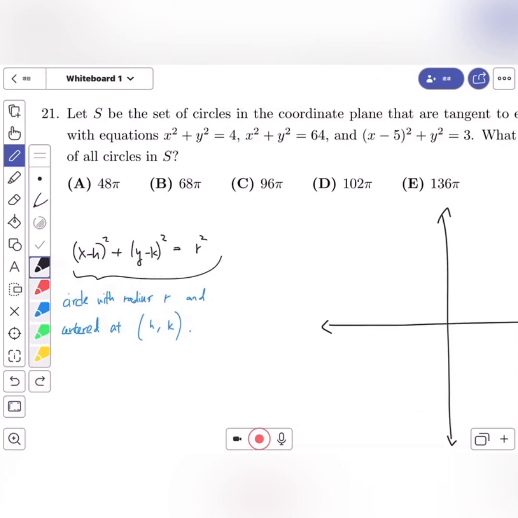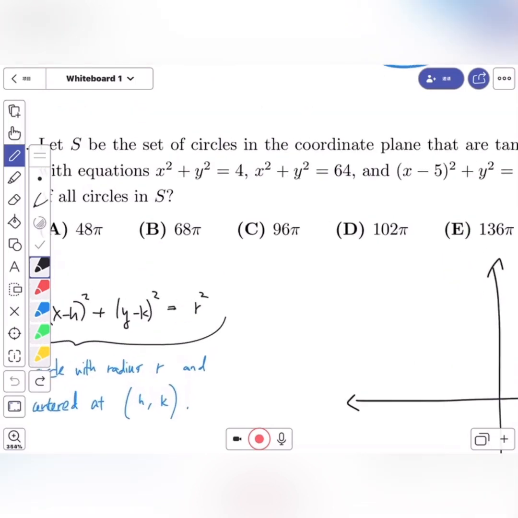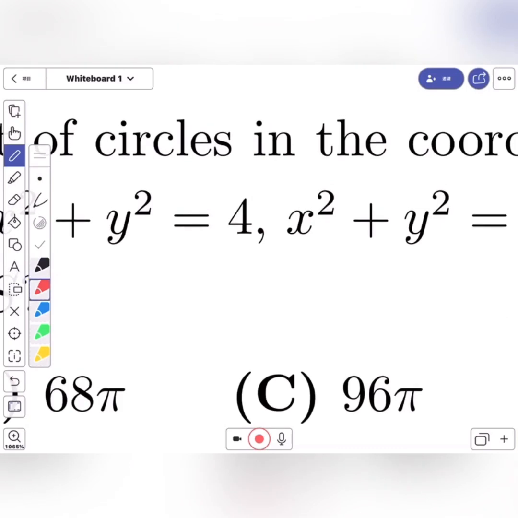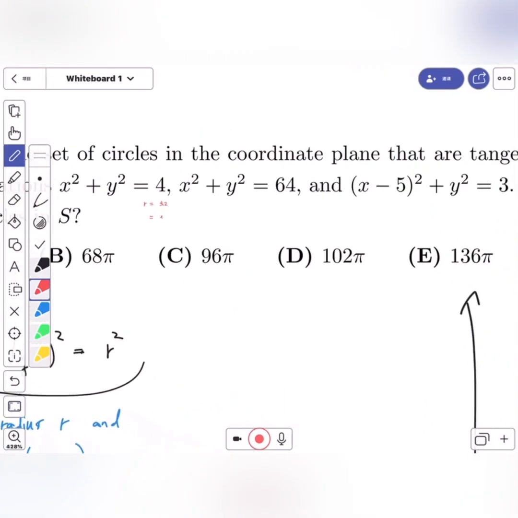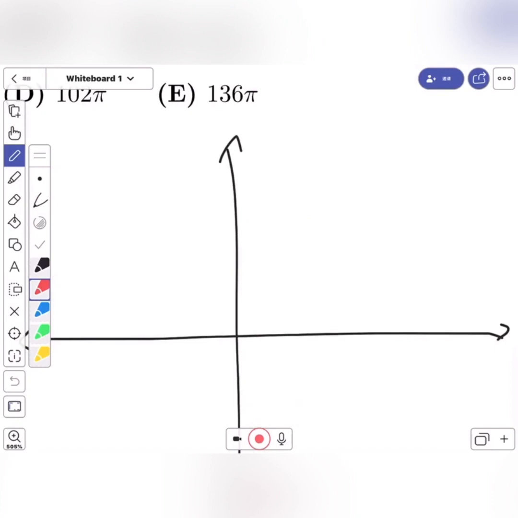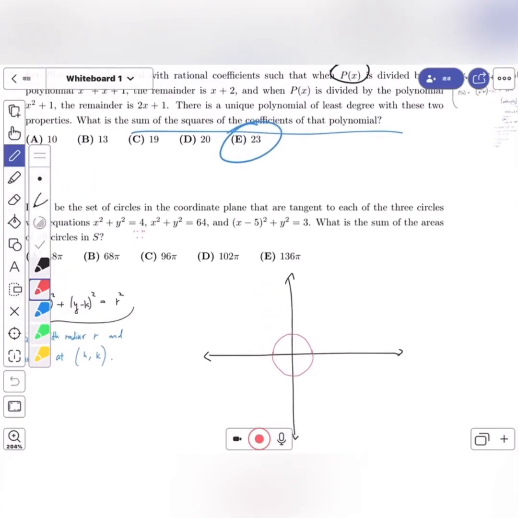And r squared is equal to 4, so r is plus or minus 2, but you don't want negative, so just 2. So this denotes a circle centered at the origin with a radius of 2.